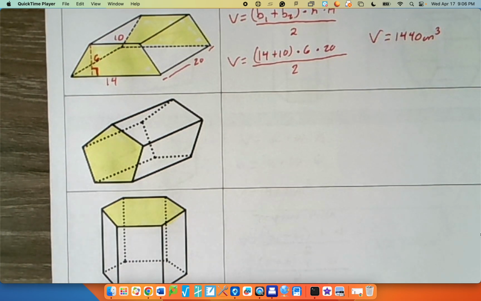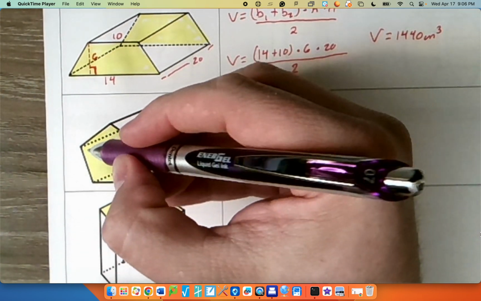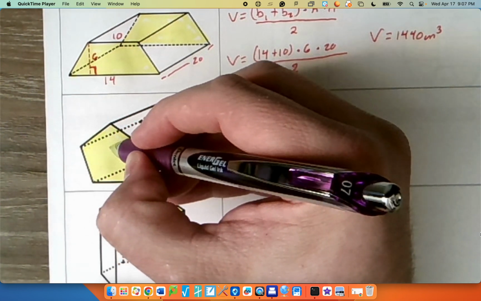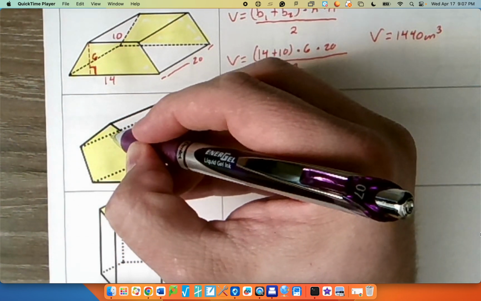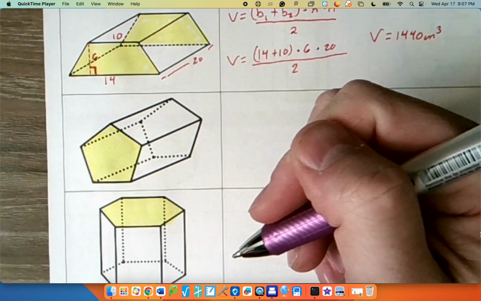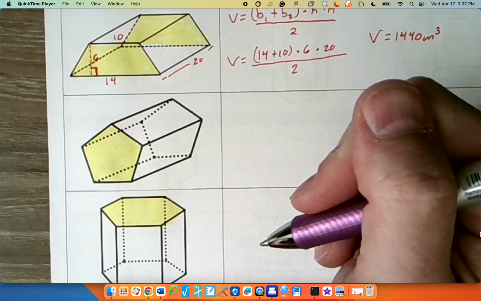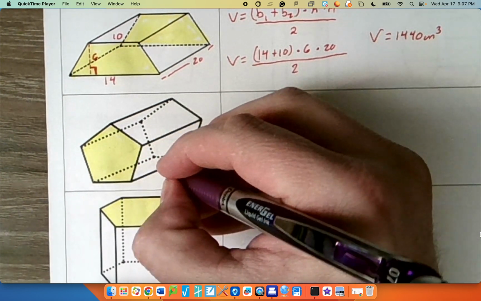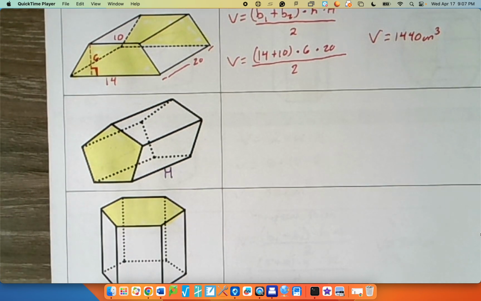Now you guys are wicked smart. I know you guys are looking at it, you might be like, well, Carla, we could draw a line straight across this pentagon and we'd have a triangle and a trapezoid. We find the area of each, we add them together just like what we did on block day. Then once I have that area, I can multiply by the height of our prism. You are correct. We could do that.